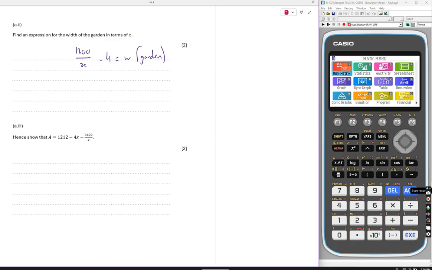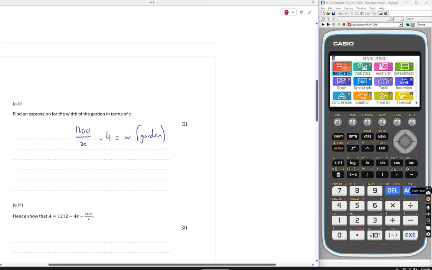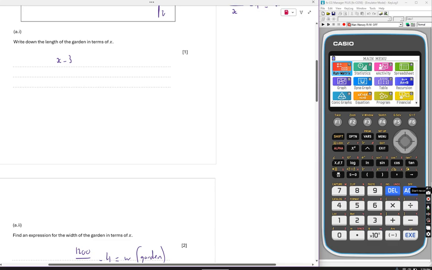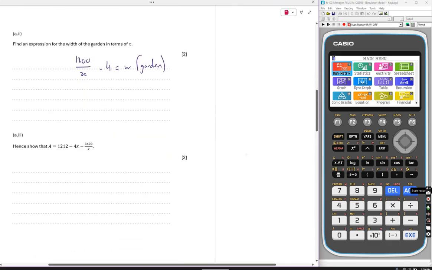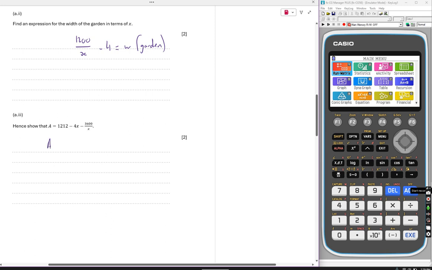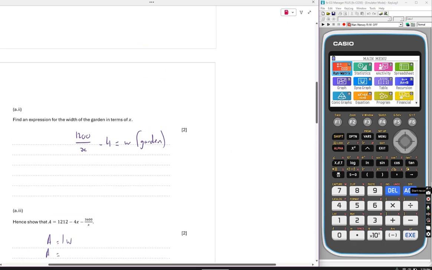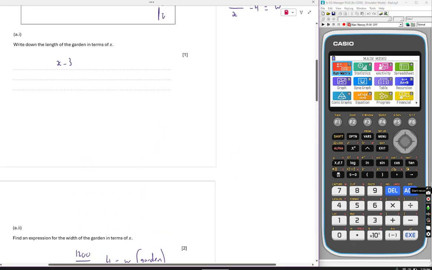Well, we know that the area is length times width. So the length was x minus 3. So I'm going to have down here area equals length times width. Area equals your answer for part AI up here.